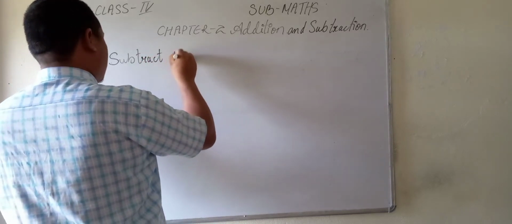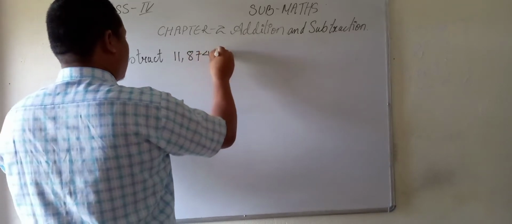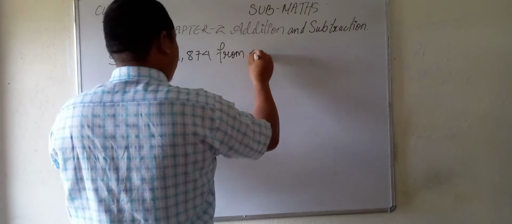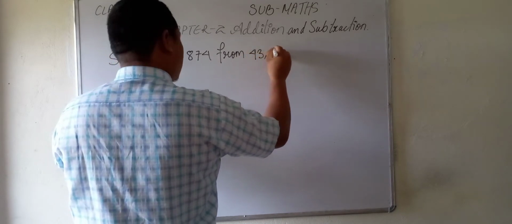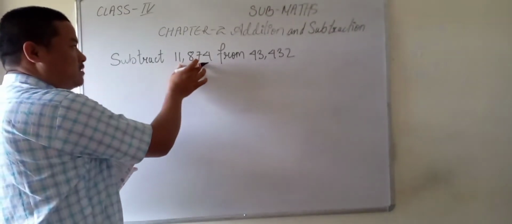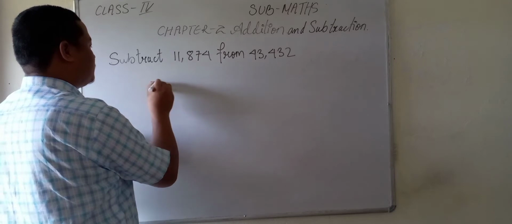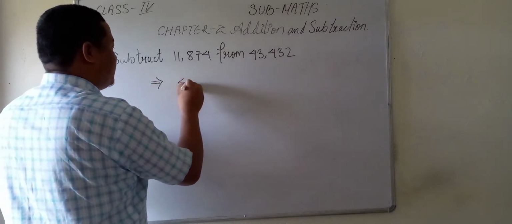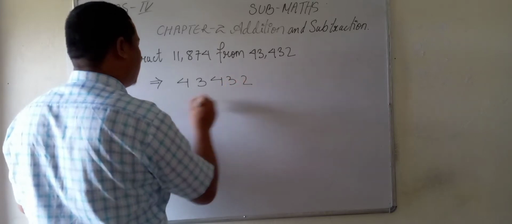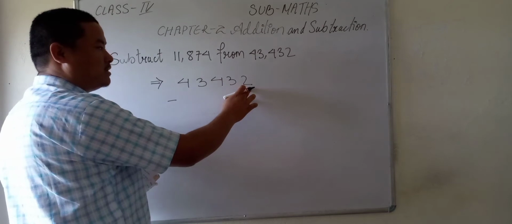Subtract 11,874 from 43,432. See, this number we have to subtract from this number. So 43,432 minus this number. This 2 is the place of ones.